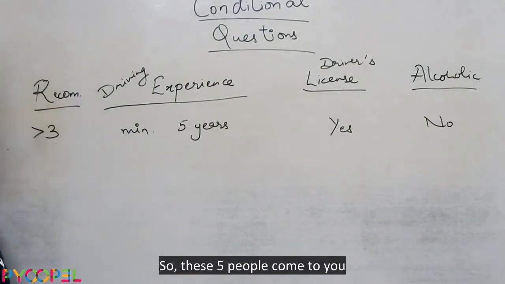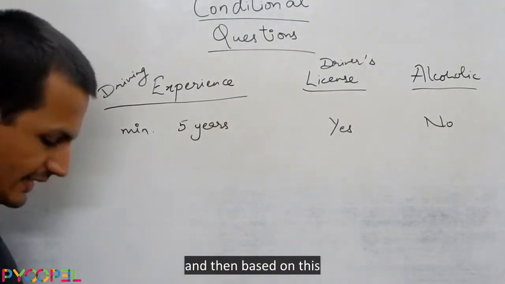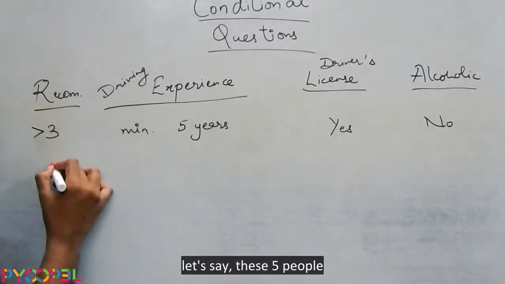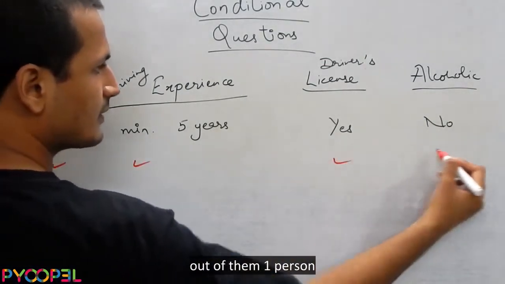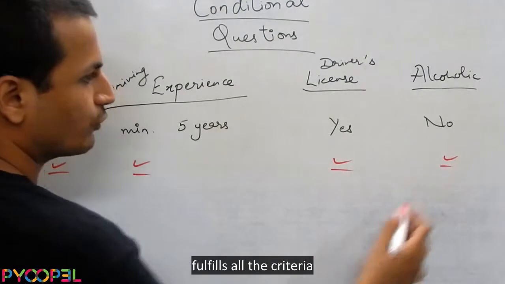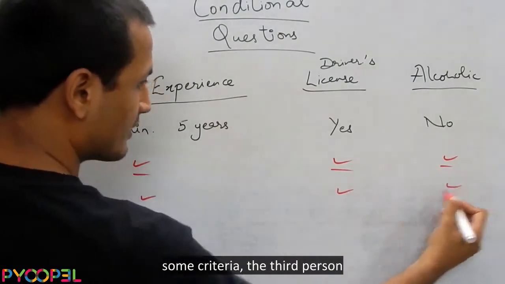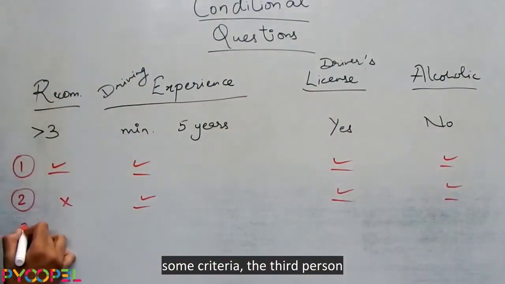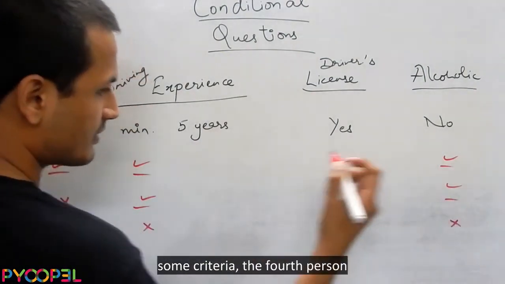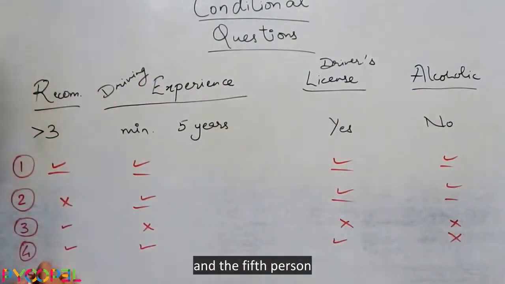So now, these 5 people come to you and you interview them and you ask these questions to them. And then, based on this, let's say these 5 people, out of them, one person fulfills all the criteria, the second person fulfills some criteria, the third person fulfills some criteria, the fourth person, and the fifth person.